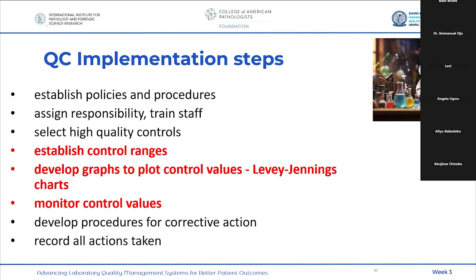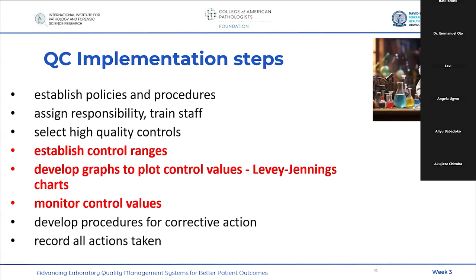So we're on quantitative quality control. Though these implementation steps apply to all, whether it is qualitative or semi-quantitative, here the main emphasis will be the implementation steps. What are the steps you have to follow when a lab is trying to implement a quality control program?